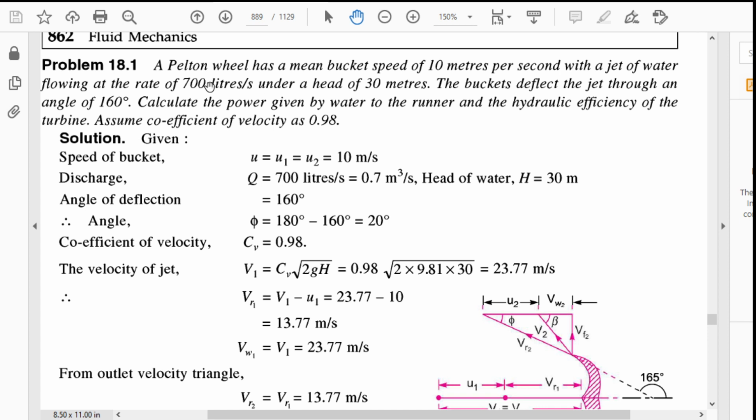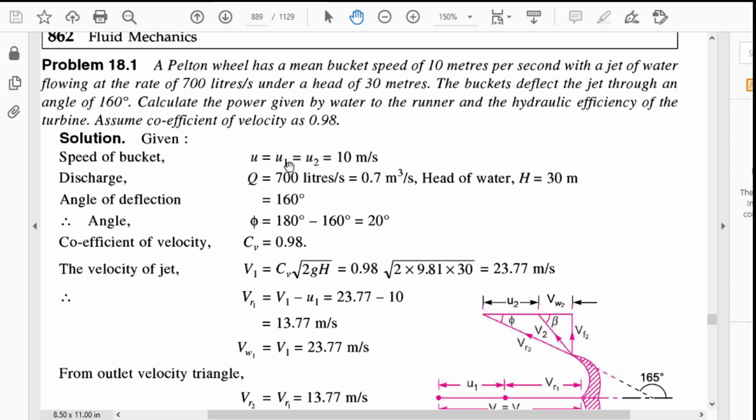Here in this numerical, they have given the mean bucket speed. That means V is not given. V is the velocity of jet. So mean bucket speed is nothing but your u. As this is a mean bucket speed, you have to write it as u equals to u1 equals to u2. If you remember, we studied this condition in the impact of jet velocity triangles part.